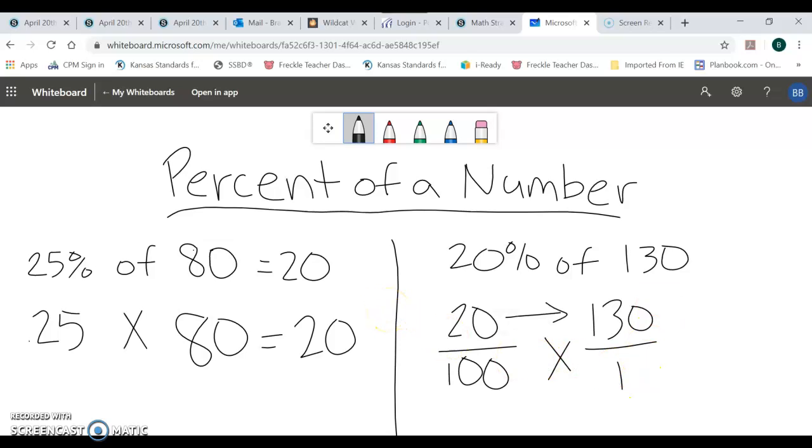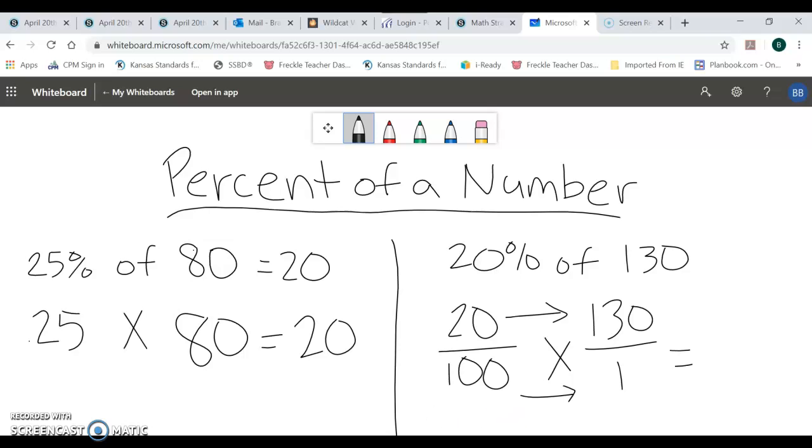Then you're going to multiply straight across, because that's how you multiply fractions. When you multiply fractions, you multiply straight across the top and straight across the bottom. So let's multiply our two numerators. 20 times 130.